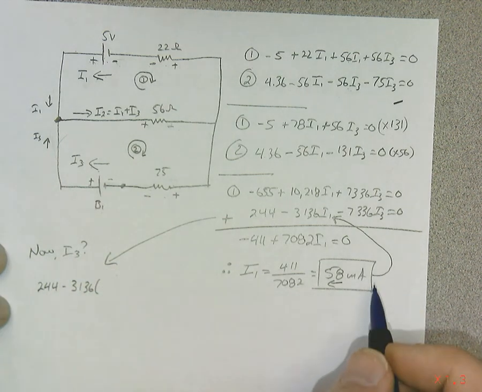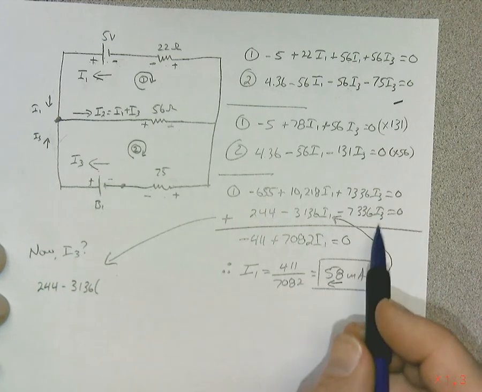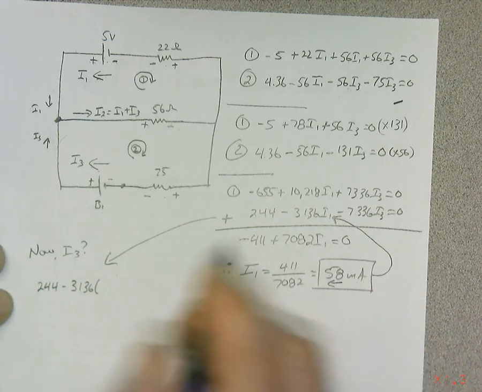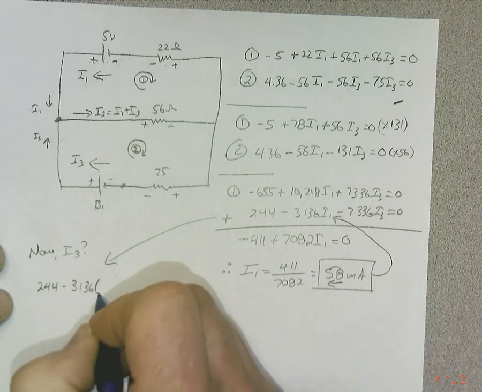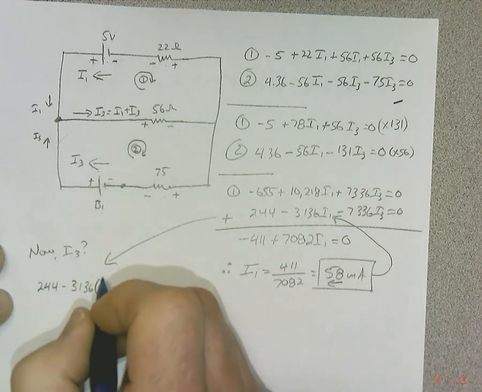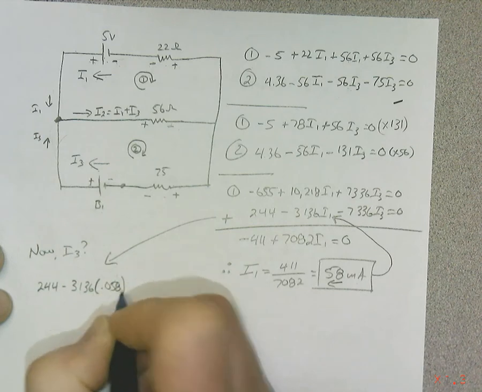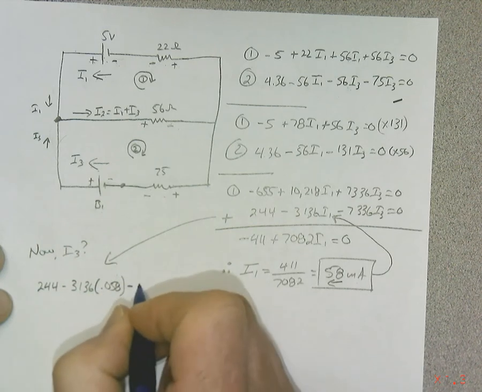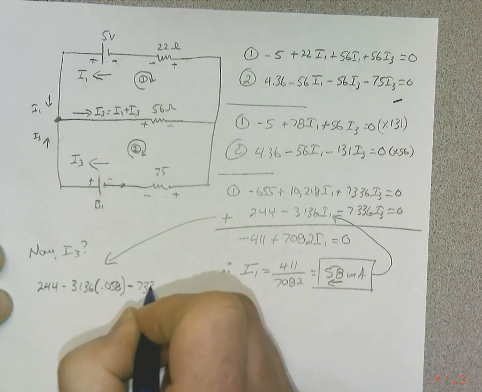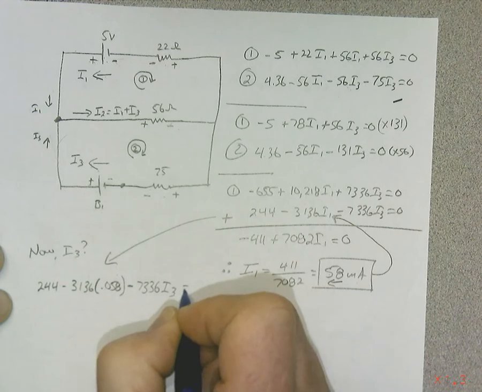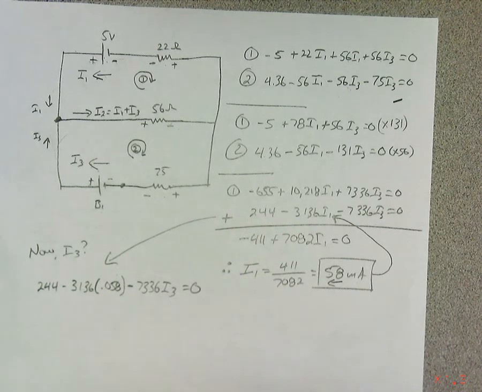I'm going to be careful. What I'm going to do is convert that to amps, just to make sure that we don't have any issues. So that's 0.058 amps. Minus 7336 I3 is equal to 0. There's our equation to solve.